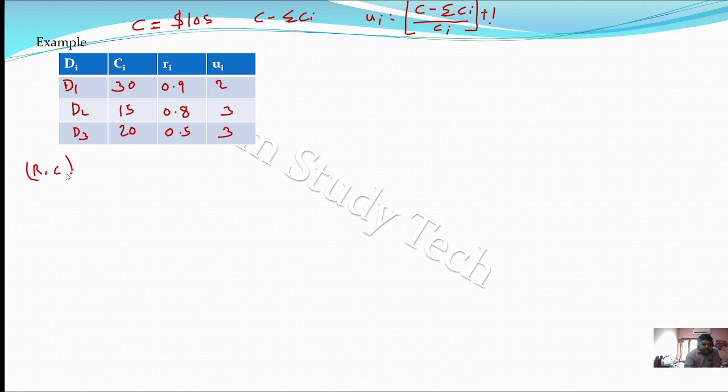Initially the reliability is 1 and the cost is 0. Why do we take 1 here? Because you multiply it by the reliability of the next devices. For example, I consider S0 equal to reliability 1 and initial cost 0.